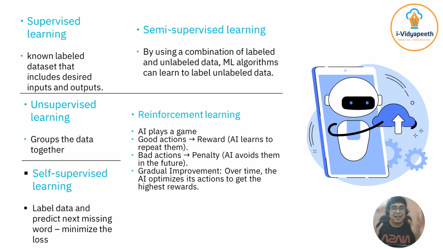There are different learning methods available. We already talked about the last one, self-supervised learning. In self-supervised learning, what is happening? We give a labeled data set, it predicts the next missing word and minimizes the loss. Why the labeled data set? Because we have given the whole information, right?